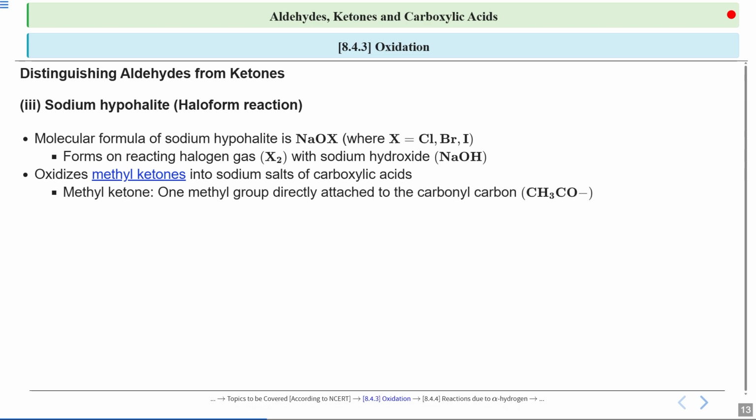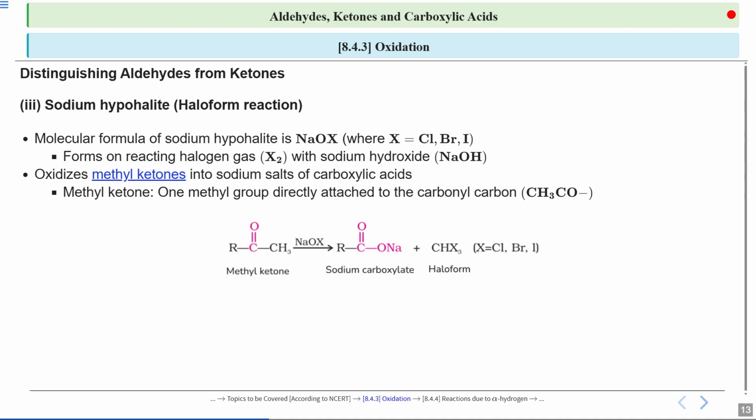So what is a methyl ketone? A methyl ketone has one methyl group directly attached to the carbonyl carbon, represented as CH3C=O. If you look at this example, you will see this is a methyl ketone because CH3 is directly attached to a carbonyl carbon.